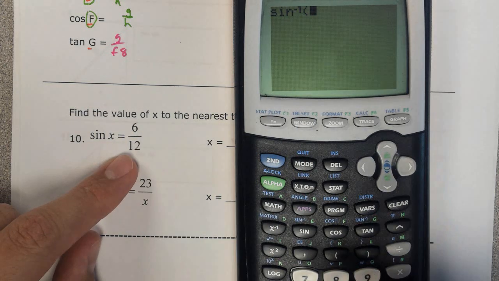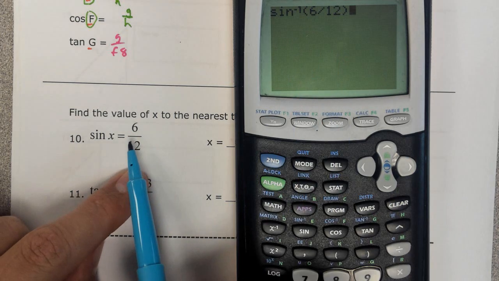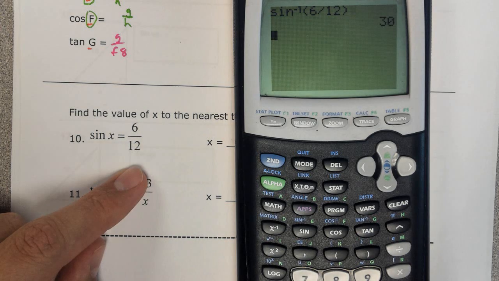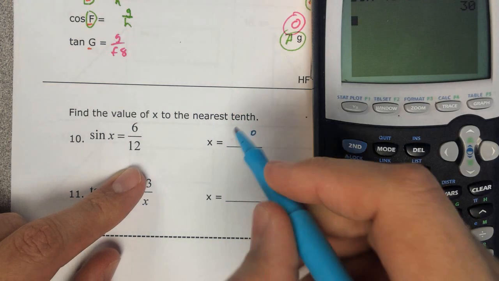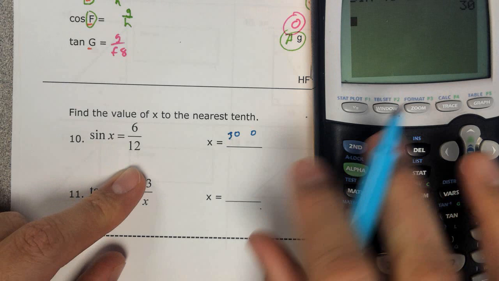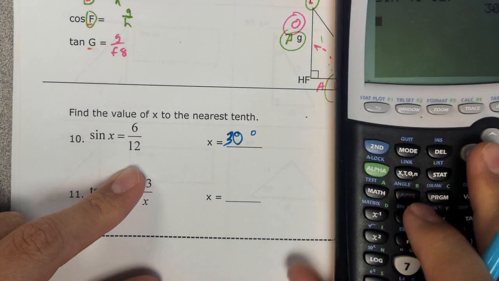And then we're going to put 6 divided by 12, because that's what it's equal to out here. And press enter, and we get 30 degrees. 30 degrees.